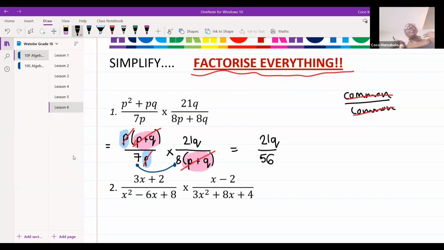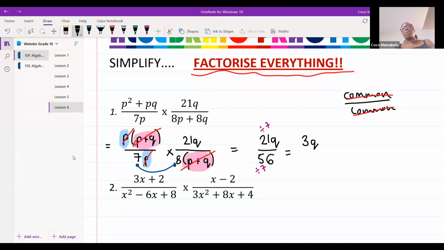But now I know that there's a number that can go into both 21 and into 56. What is that number, guys? 7. Good. So I'm going to take the top and divide by 7, and whatever I do to the top, I'm going to do to the bottom as well. 21 divided by 7 is 3.